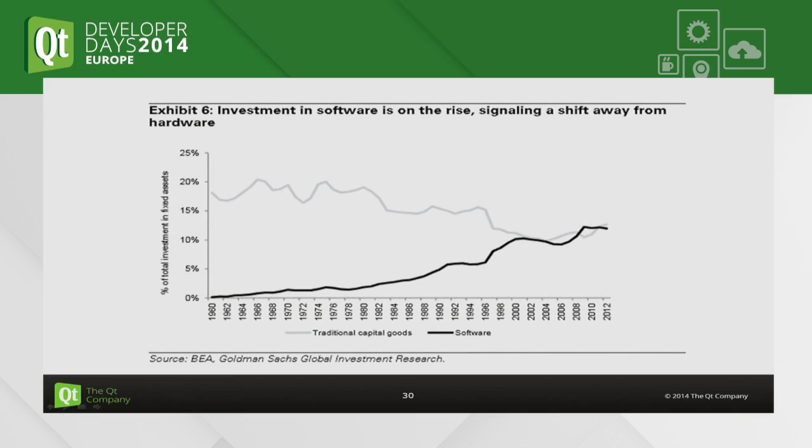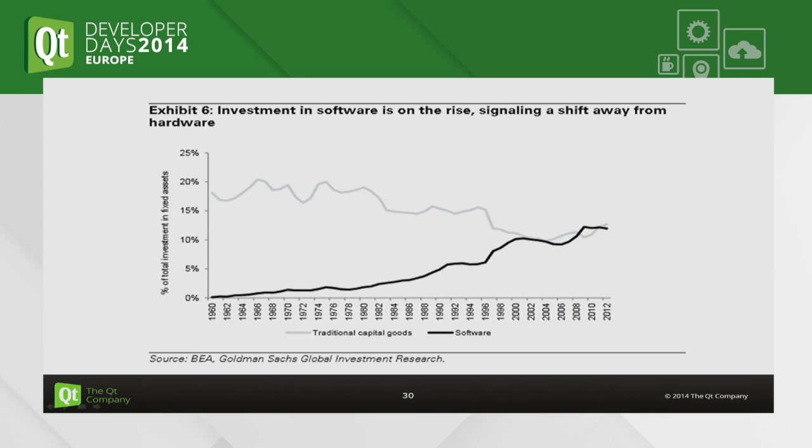And they continue by showing a graphic about investment in software: investment in software is on the rise, signaling a shift away from hardware. This is not a projection, but from 1980 to 2012, the cost of software. As you see, it's on the rise, which is good for the software industry.